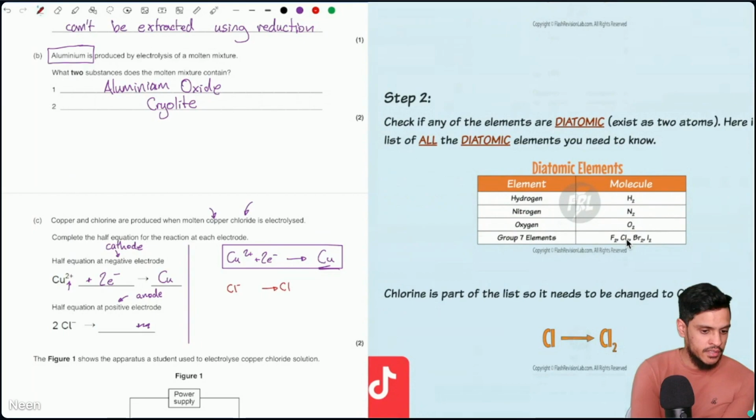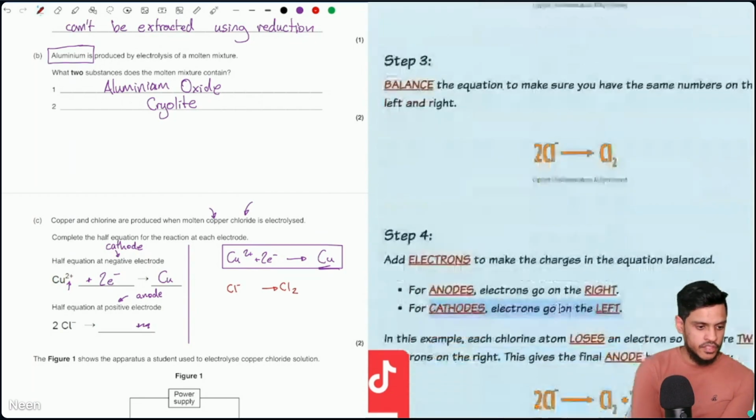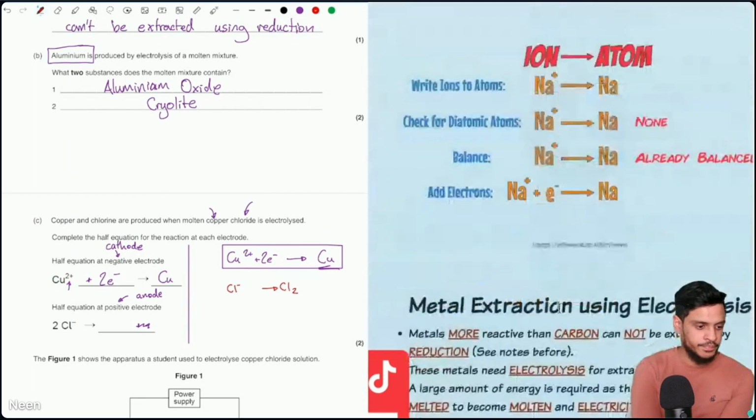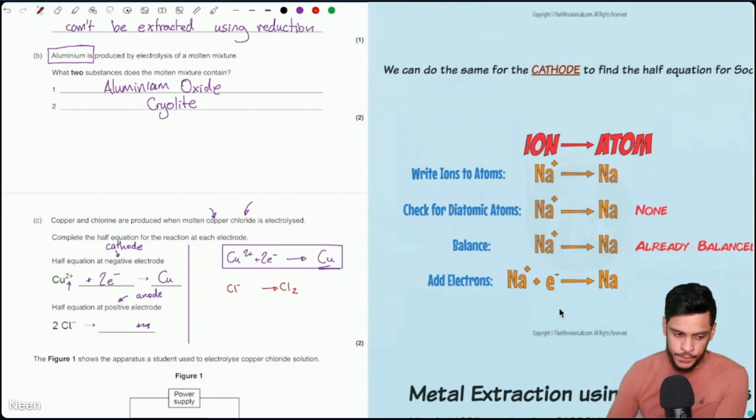Here you can see it in the table. Any group 7 element is always diatomic. So let's put this 2 here to show that it's diatomic. Next step is to balance. If we've got a 2 on the right hand side, we need 2 chlorines on the left. Let's put a 2 there.